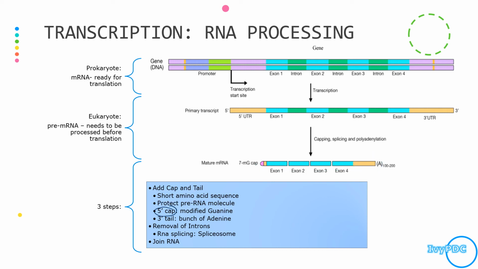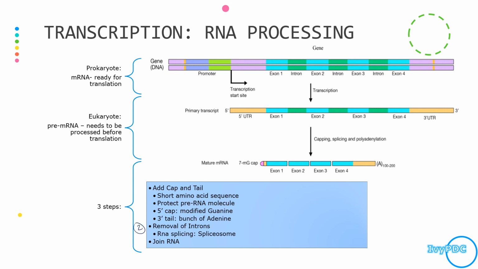The 5' cap is made up of modified guanine, while the 3' tail is made up of a series of adenine nucleotides. Both the cap and the tail are added at the free ends of the RNA to serve as its protection, since enzymes are detrimental for the RNA template.